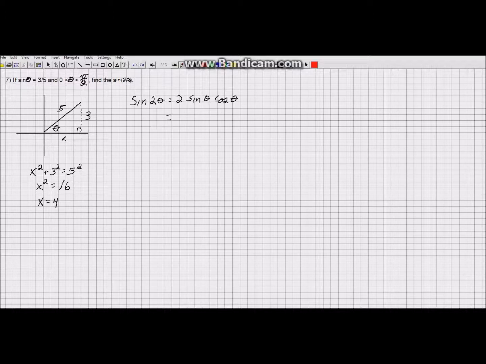I know that the sine of theta is equal to 3/5, so I can replace it, and I just have to find out what the cosine of theta equals. Going back to my triangle, the cosine theta is the adjacent side 4 over 5, so I replace that fraction for cosine of theta, multiply everything together, and get 24 over 25 for the sine of 2 theta.